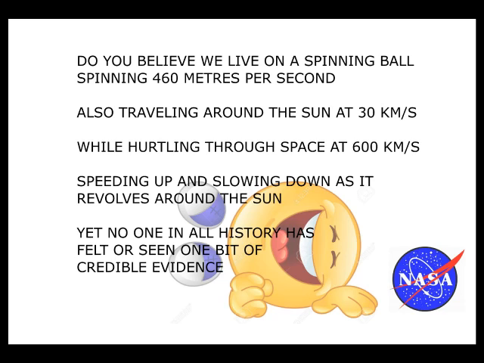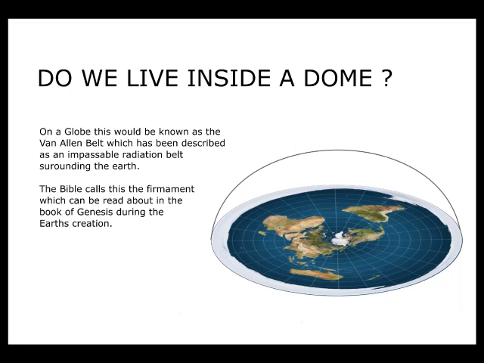It doesn't happen. It's so far-fetched. What you're looking at now, this is actually much more likely. Yeah, the Earth is flat. There's a barrier surrounding us, like the Van Allen belt, but which is actually a dome. The Bible calls it the firmament. This is what we live inside.